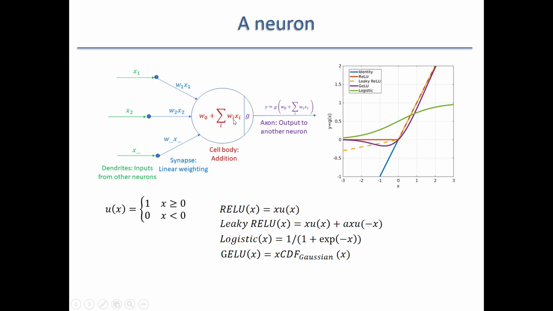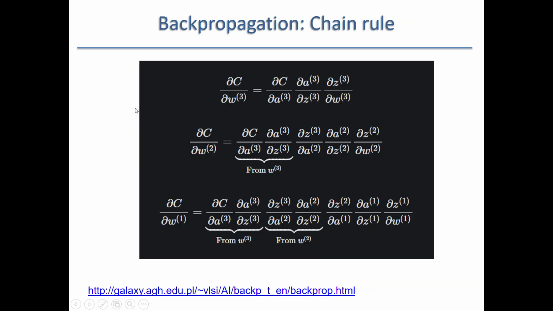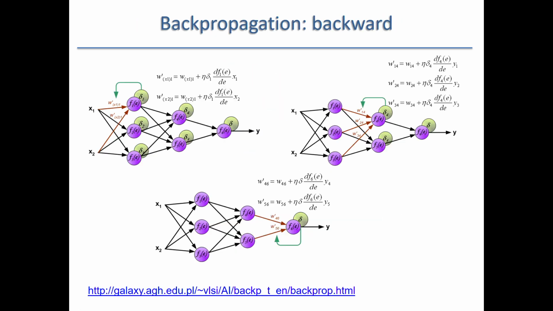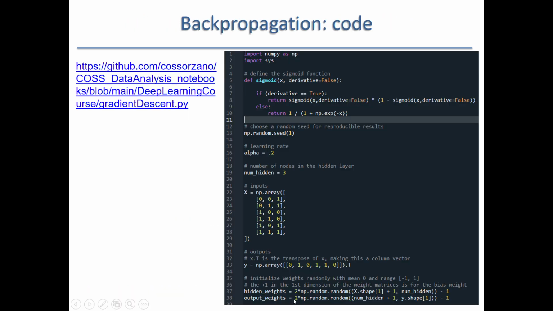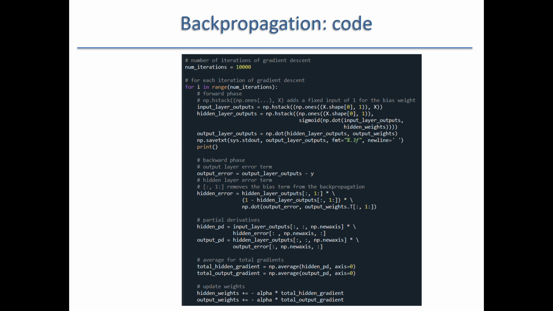This would be the dimension of the input, which is this part here in the code. It is the dimension of the input plus 1 to account for the bias, and then we have these 3 neurons in the hidden layer, and then we have some more weights to go into the output.